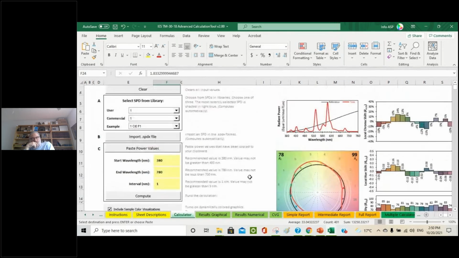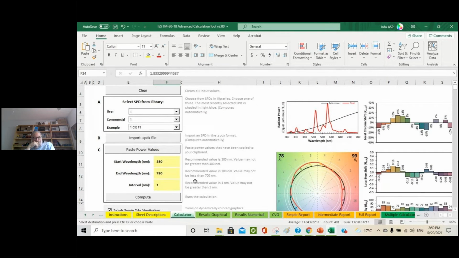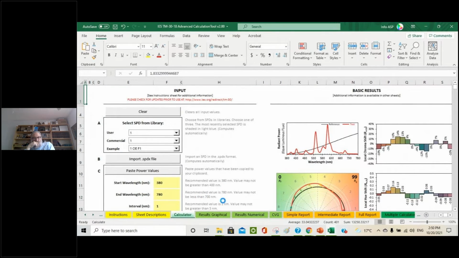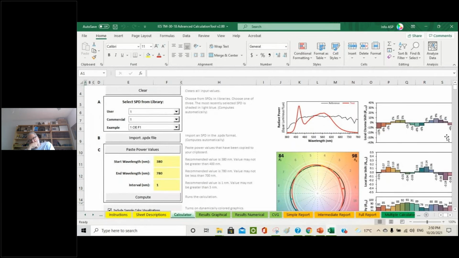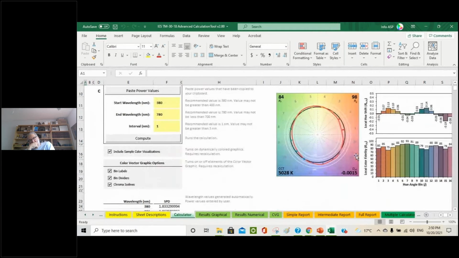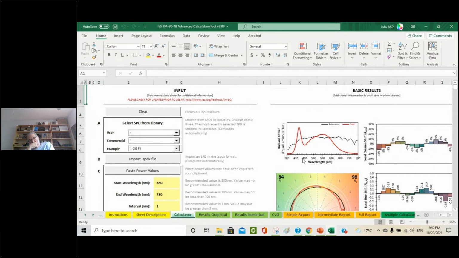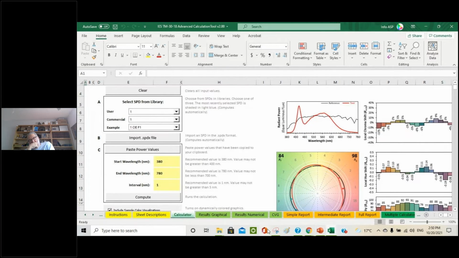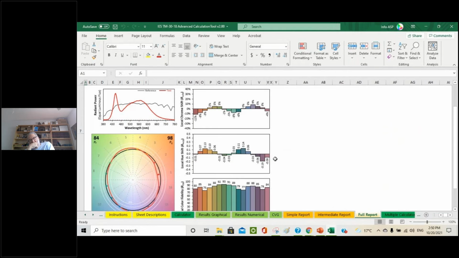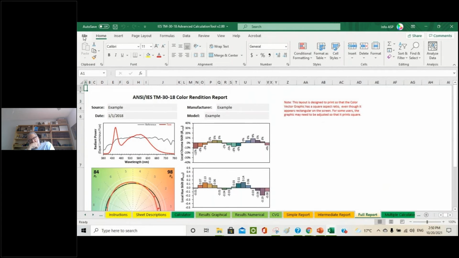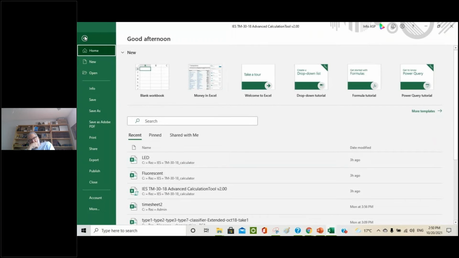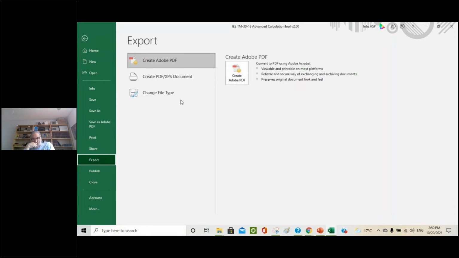Compute. Let me bring it over here. So see what happens to the spectral curve here once I click Compute. So it changed to an LED spectrum, and all these curves also changed. So it computed the report for the LED spectrum, and in order to get it, you can go to the full report, and here are all the values for the LED, and then you can go here, File, and you can export that into a PDF.